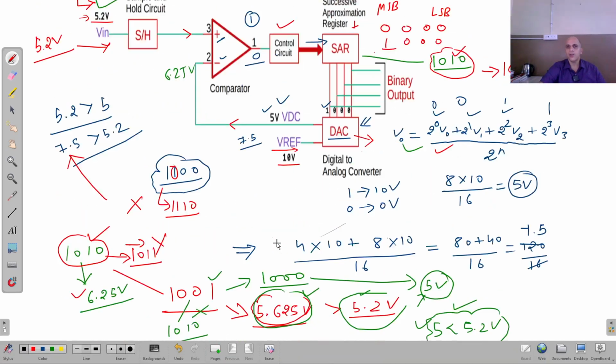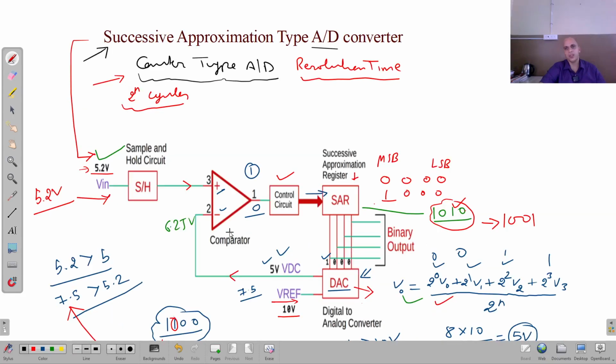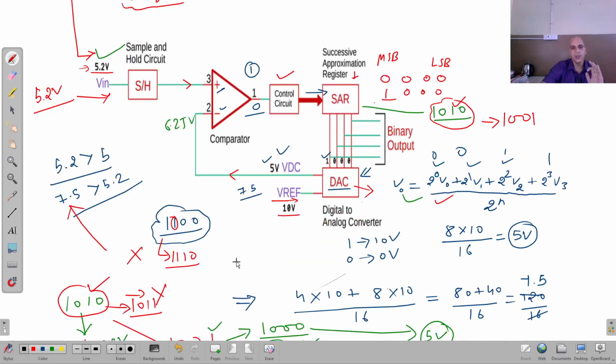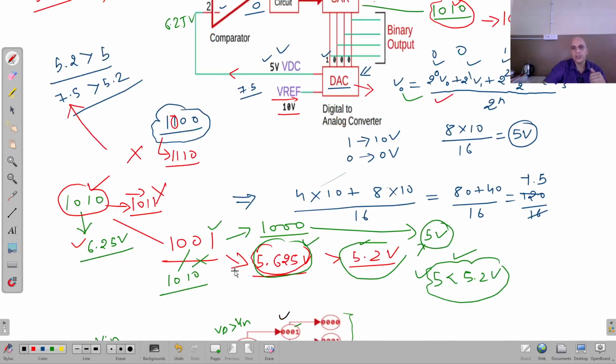So this is all about this successive approximation type A to D converter. As far as applications are concerned, it is commonly used in A to D converters because of its low conversion time, low power consumption, and high accuracy, right? But still it has one drawback that I told you. So this is all about it.